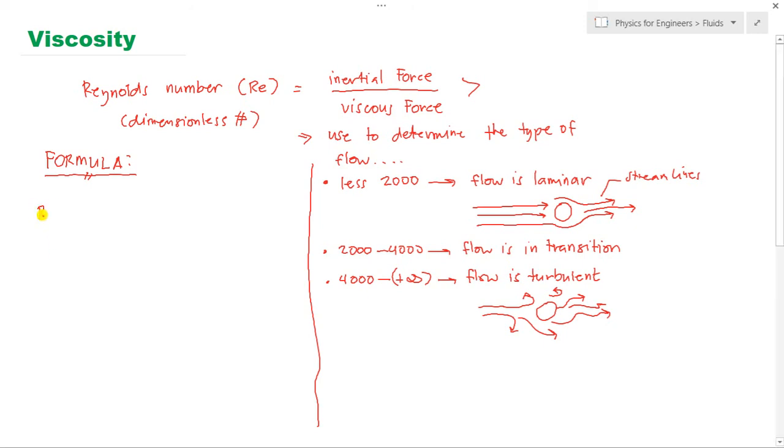So Reynolds number, Re, is equal to the density times the velocity times the diameter all over the dynamic viscosity. So again, this one is the diameter.